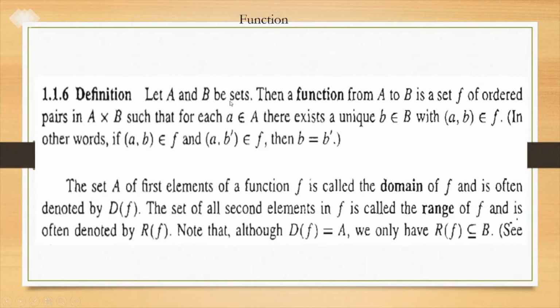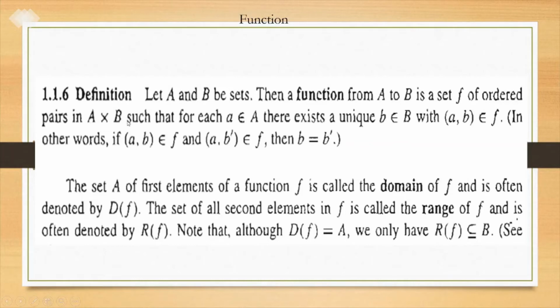Suppose A and B are 2 sets, then a function from A to B is another set, which we denote by F. A function from A to B is a subset of A cross B, or a relation from A to B.